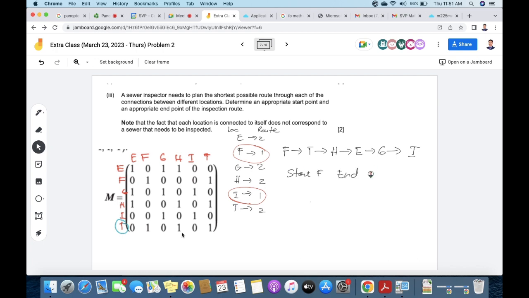Or I could also do the other way around because all of these are connected, right? So I can start with I. So I'll just put two arrowheads here because they are just connected. So I can start with I and end with F. And that's how we answer the last question. Any questions?